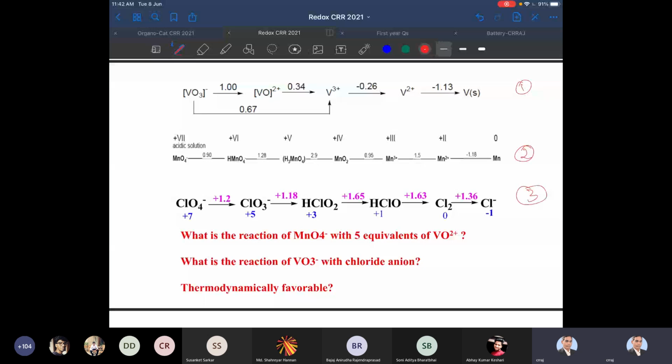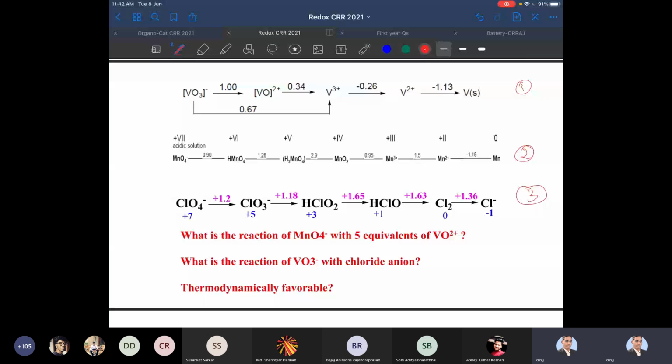Now you yourself answer the question that I have written at the bottom. What is the reaction of MnO4 minus with 5 equivalents of VO2 plus? Look for the species in any of the Latimer diagrams and find out.